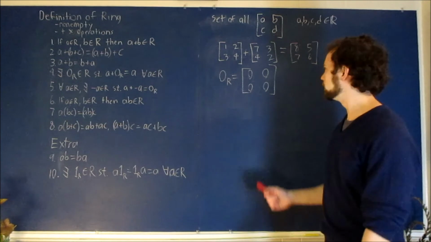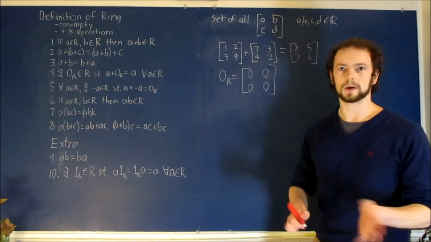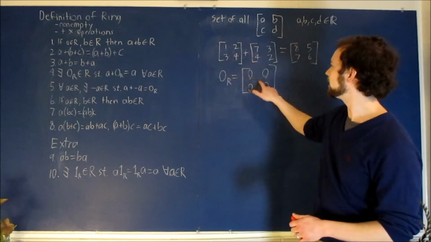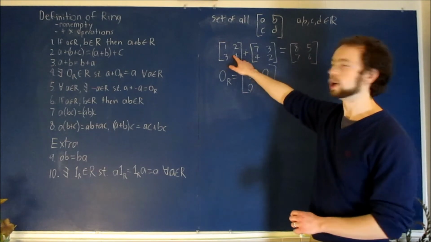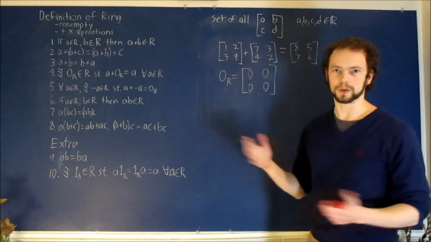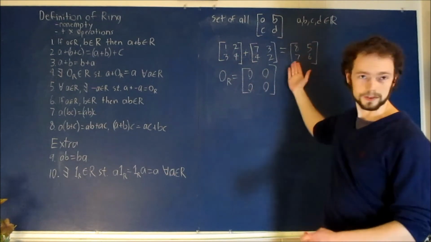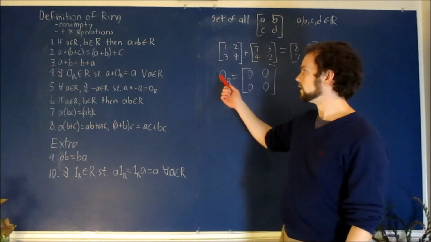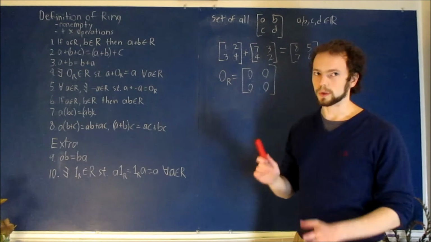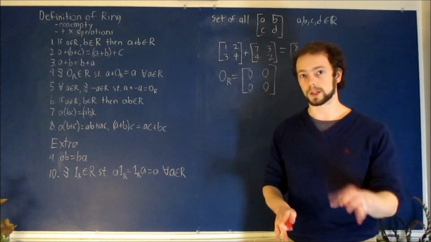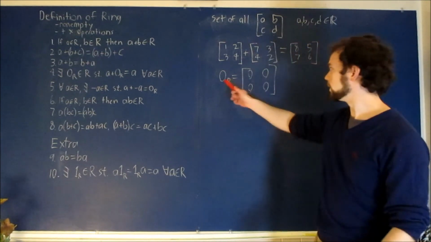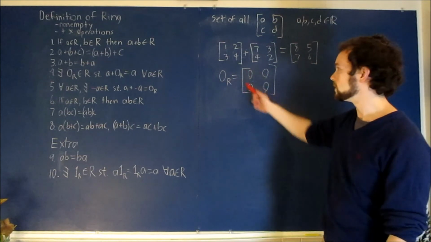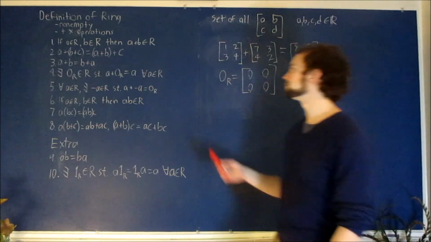You could probably see pretty easily how this would work. If I added this to another matrix, all of the elements are just going to have 0 added to them, and I'm going to get the same matrix that I started with. So in this case, the additive identity is not the number 0 like it was for the integers or the even numbers. Now the additive identity is the 0 matrix.